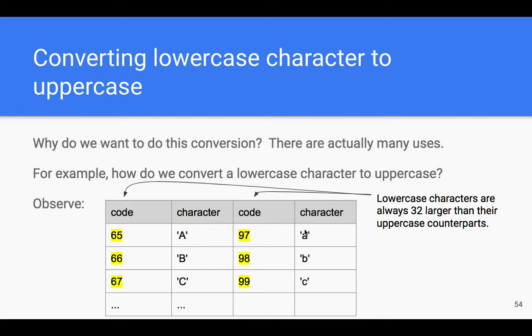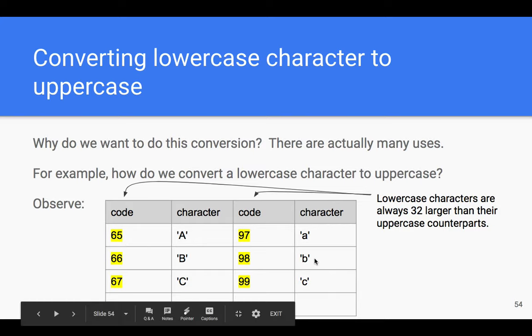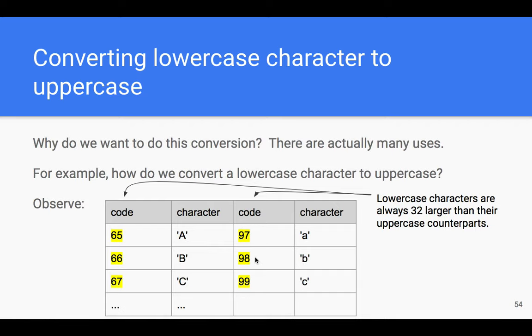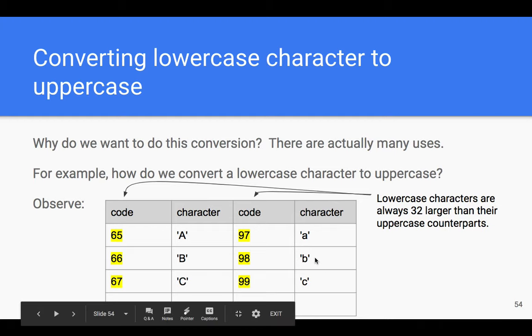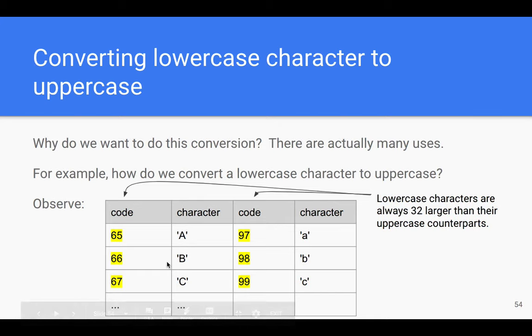So small a, 97, is 32 bigger than 65, the capital A. And then the small b, which is 98, is 32 larger than capital B, which is 66. So we use that observation and that rule, and we can very easily convert a lowercase character into an uppercase character.